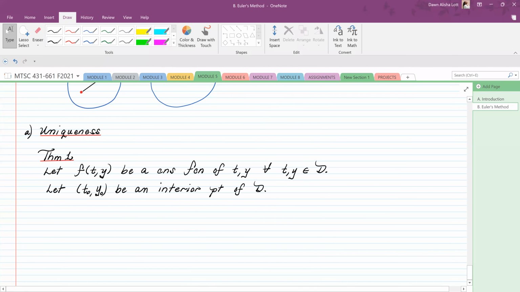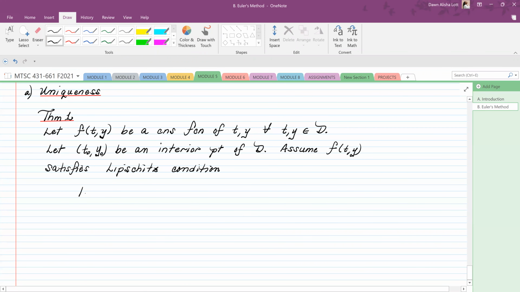And then we want to assume that f of t and y satisfies the Lipschitz condition, which is as follows.